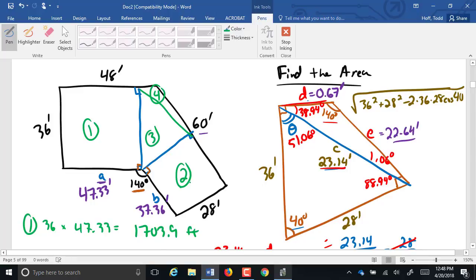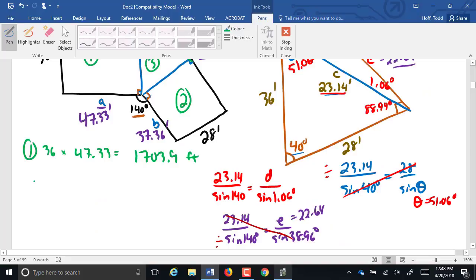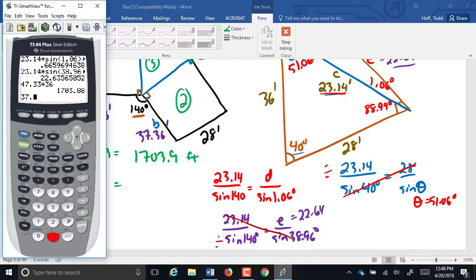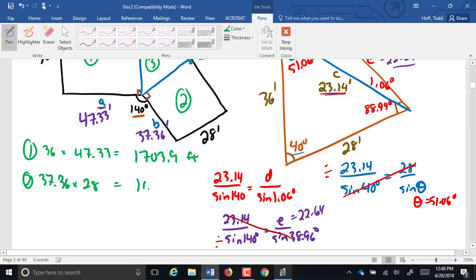2 is going to be 37.36 times 28. Yeah, 1046.1, we'll call it. 3 is going to be, remember, we can do 2 sides and the angle in between them.